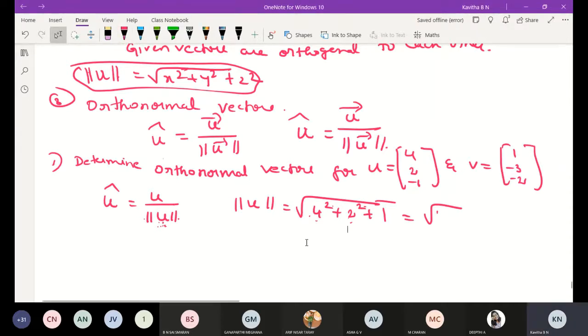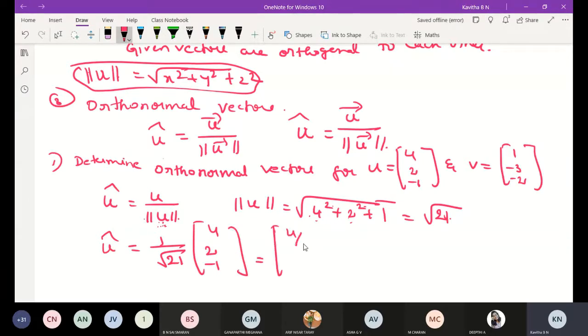Square root of 21. Then u cap is equal to 1 by square root of 21 into 4, 2, minus 1, means 4 by root 21, 2 by root 21, minus 1 by root 21.